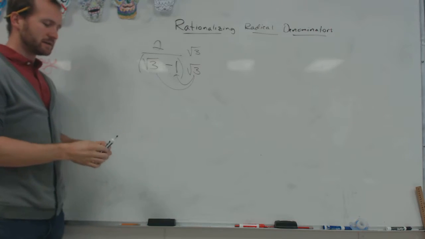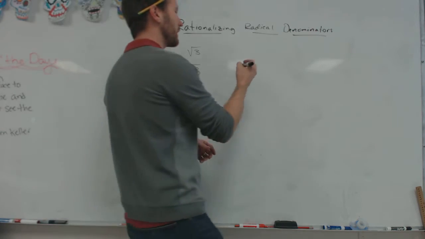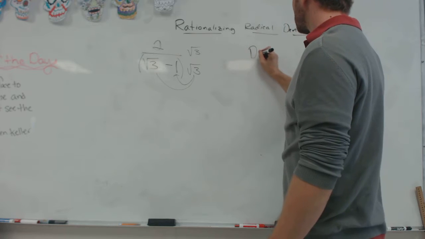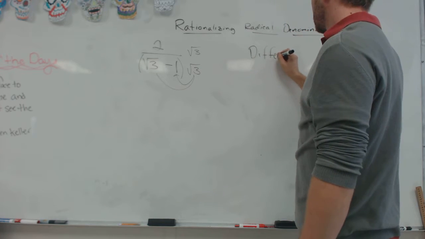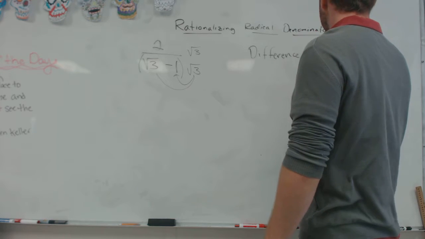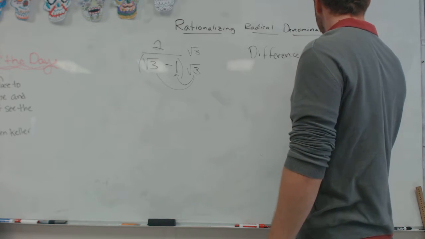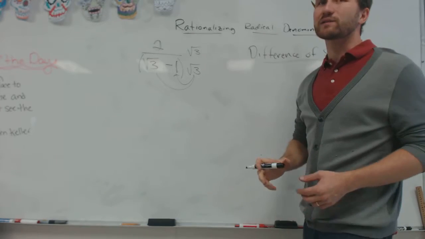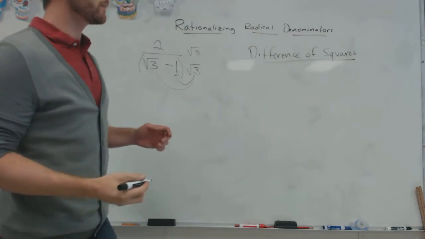And this is where I asked if you guys had heard of the difference of squares. So difference of squares is a special case of what you guys know as FOIL, right?